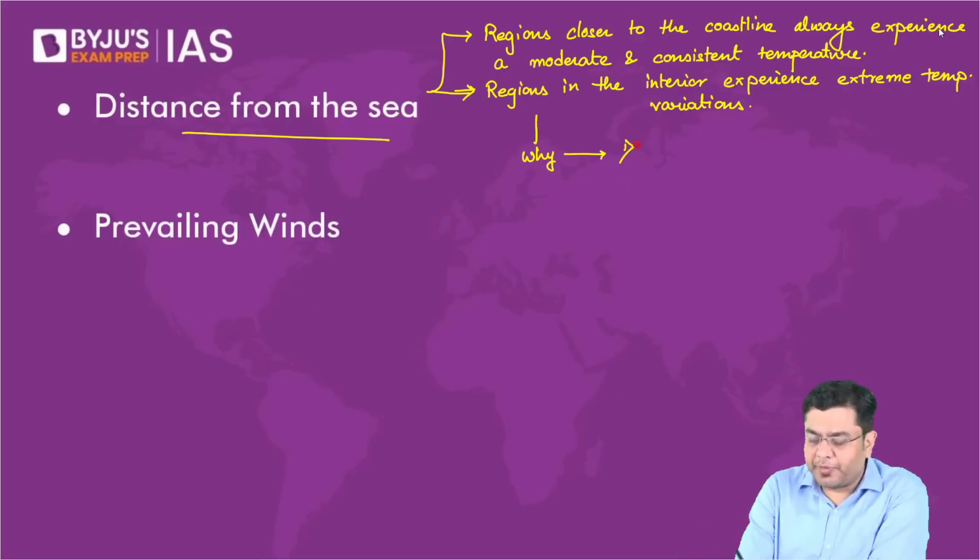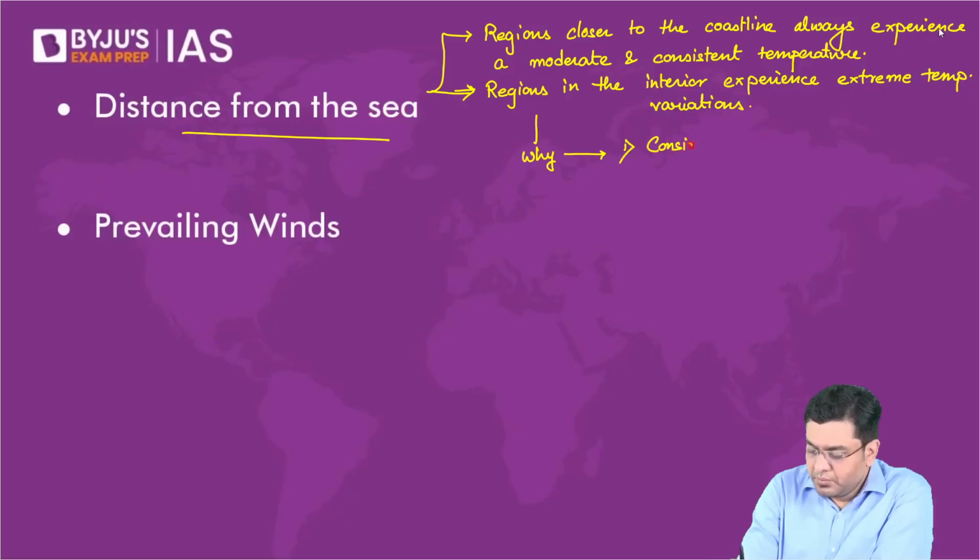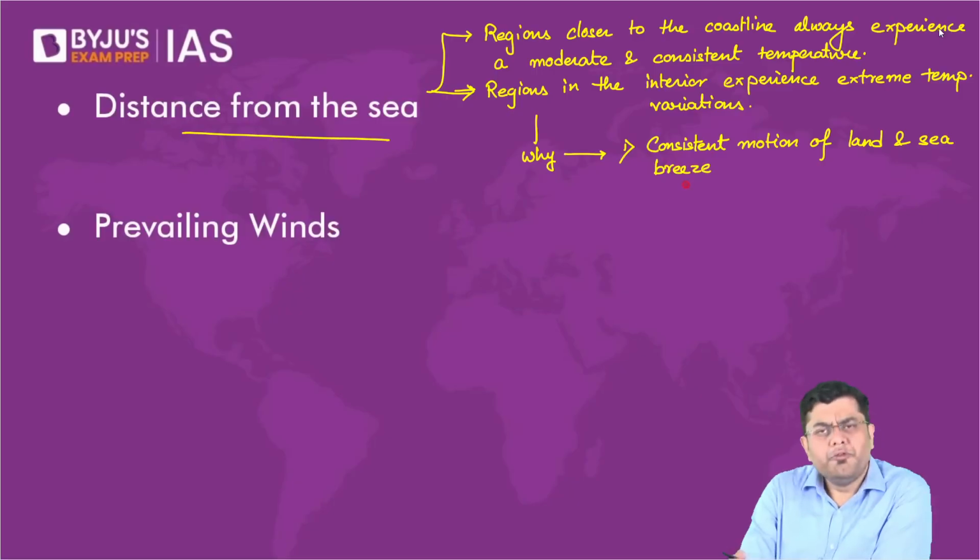If you take a look at the two factors, the first factor is the consistent motion of land and sea breeze. We'll understand land and sea breeze in the next module when we look at pressure and wind movement.